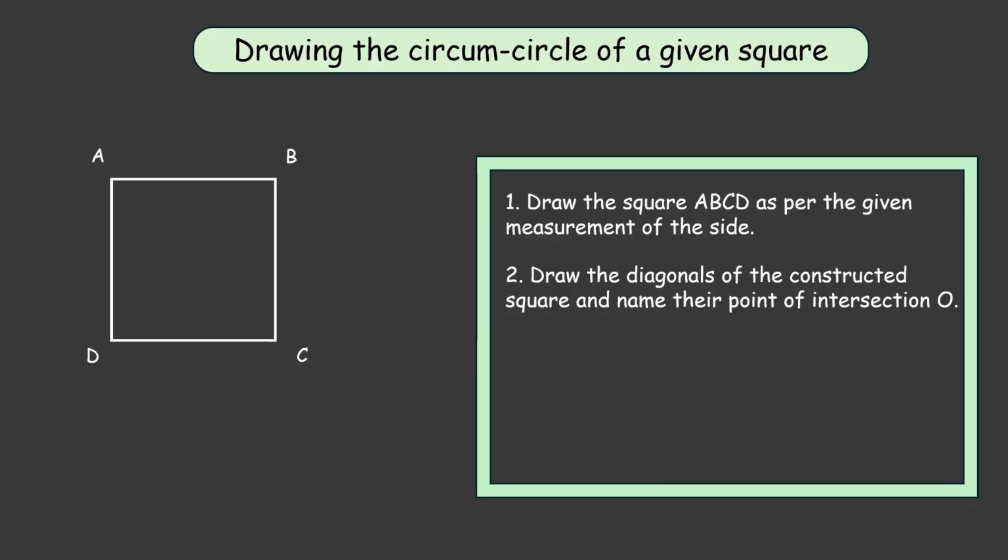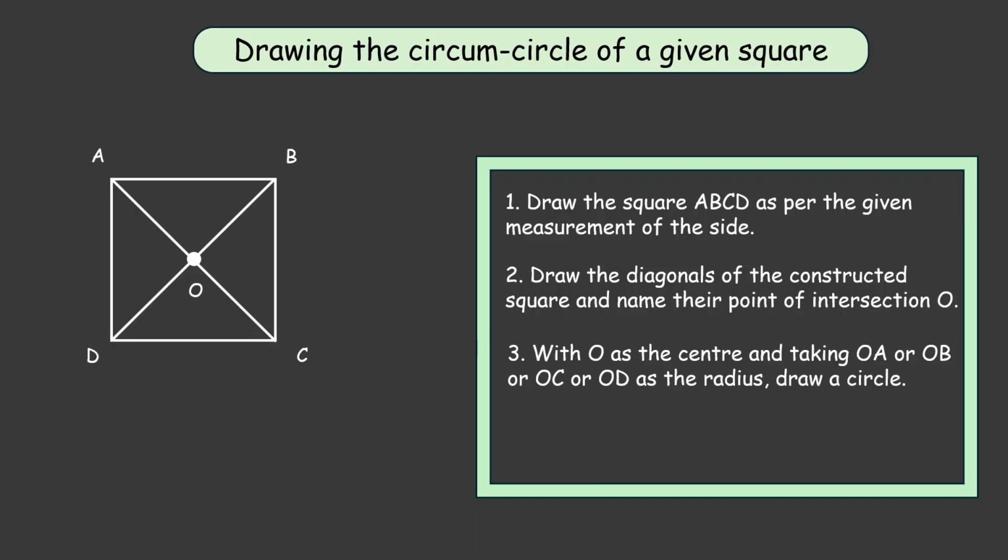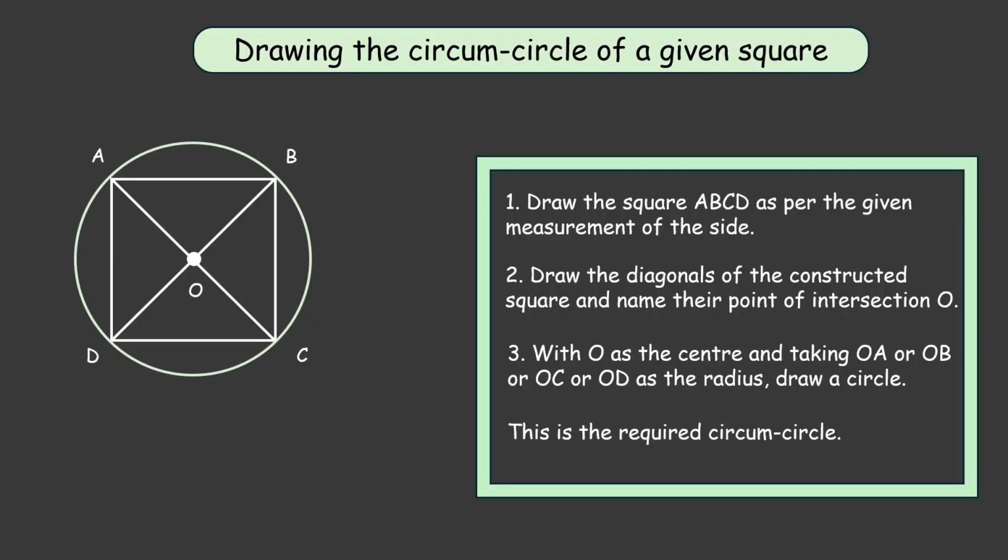Now, let us draw the diagonals of the square and name the intersection point as O. Now, this O is the center of the circumcircle. So, taking O as the center and taking OA or OB or OC or OD as the radius, we will draw a circle. And this is the required circumcircle.